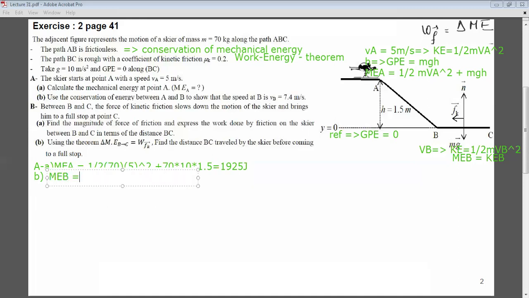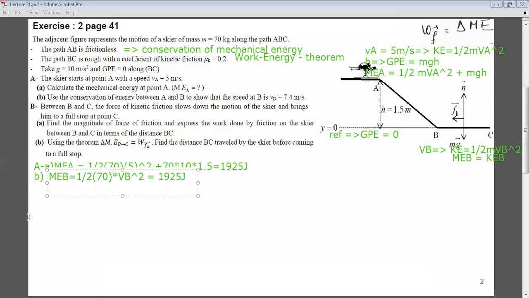So part B, mechanical energy at B is equal to kinetic energy at B, which is half m VB squared. Instead of m, I will directly put its value, 70, times VB squared, is equal to mechanical energy at A, which is 1925 joules. Okay.